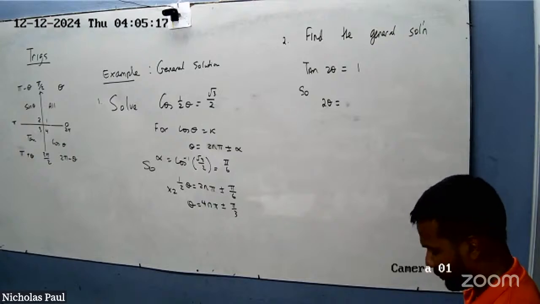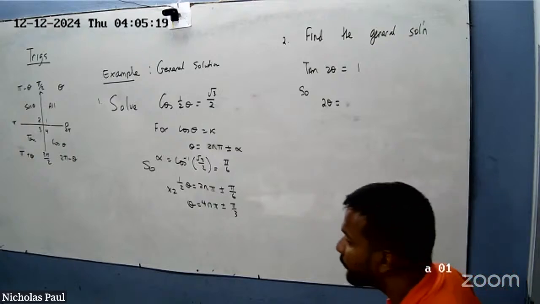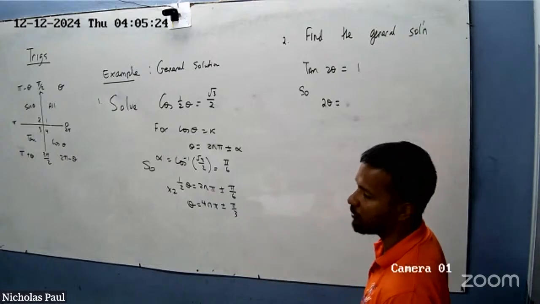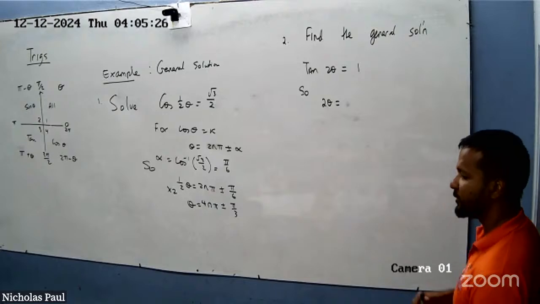They will say solve and you will see no range, or they will say find general solution. Most times, find general solution.